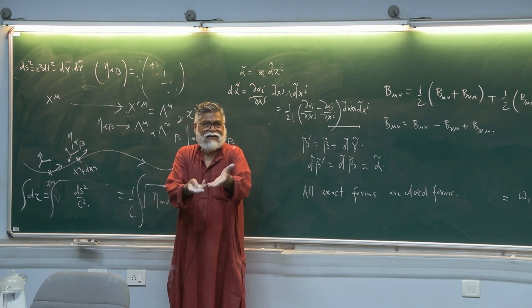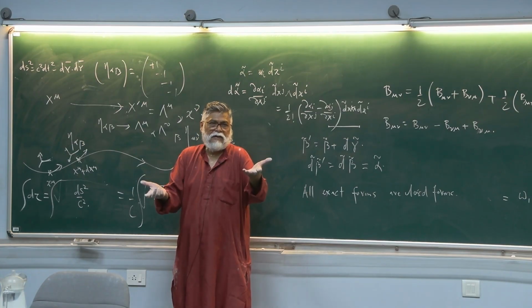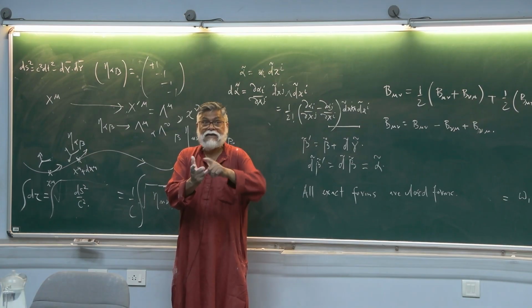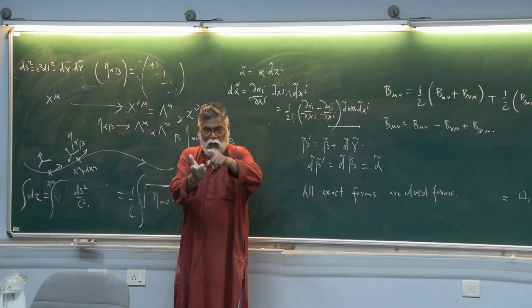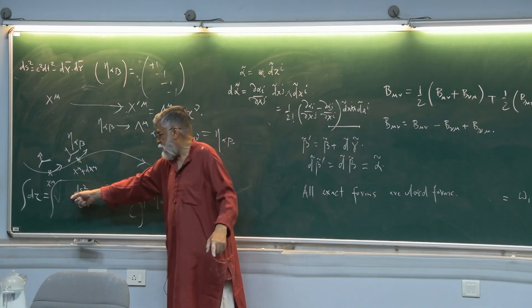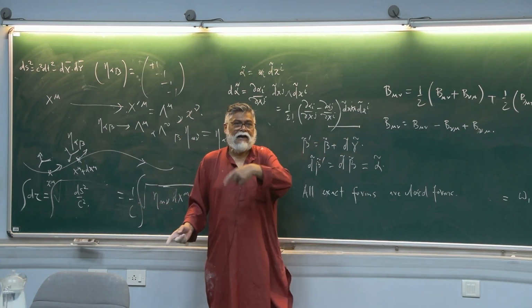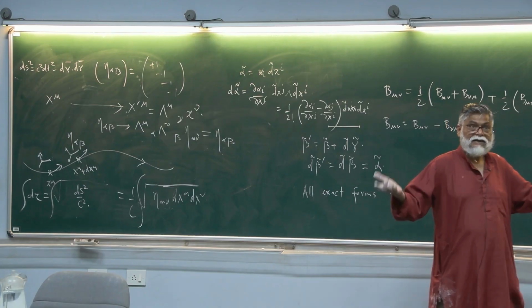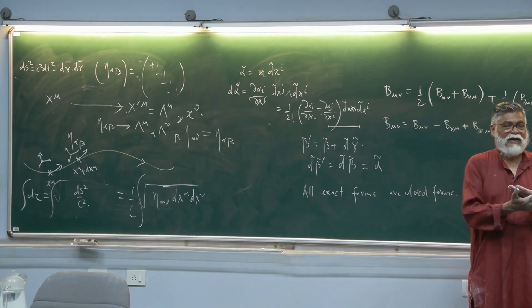There is no transformation, so I shouldn't be using any transformation. But if I am carrying a good clock, the good clock must agree with a co-moving inertial observer. Then the integral of this, whether I have accelerated or not, must be the proper time elapsed in my frame.